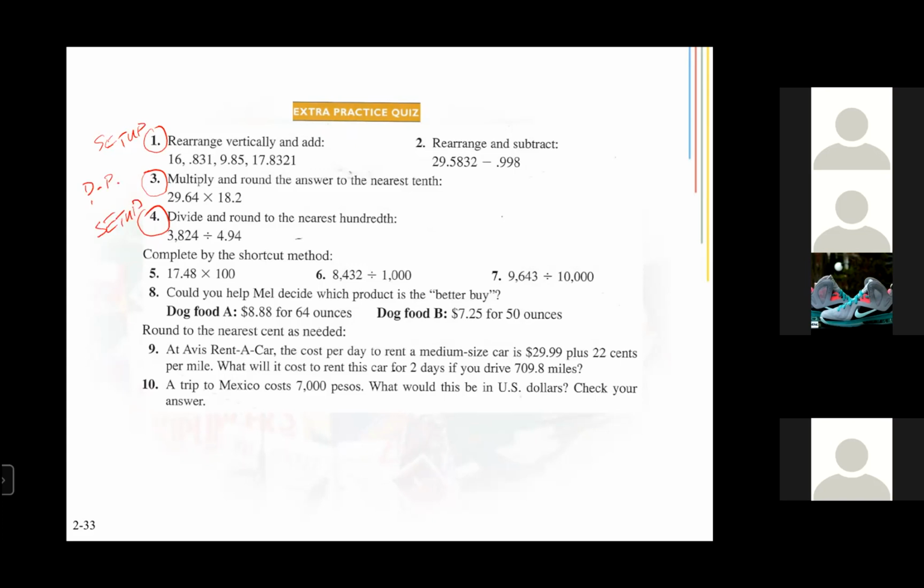You could do numbers 5, 6, and 7 because you're using the shortcut method. So we're just doing 1, 3, 4, 5, 6, 7. I'm going to leave out number 2 for now. I'll give you a couple minutes to work those, and then finish up today's class.